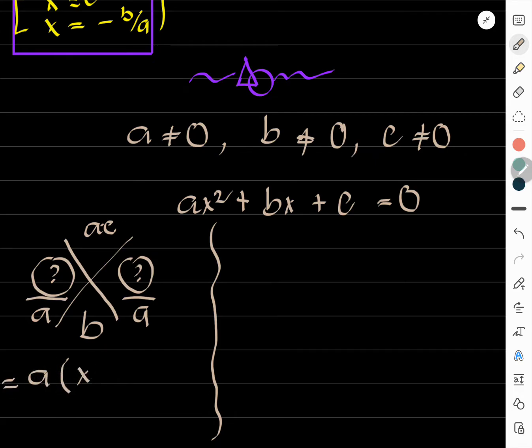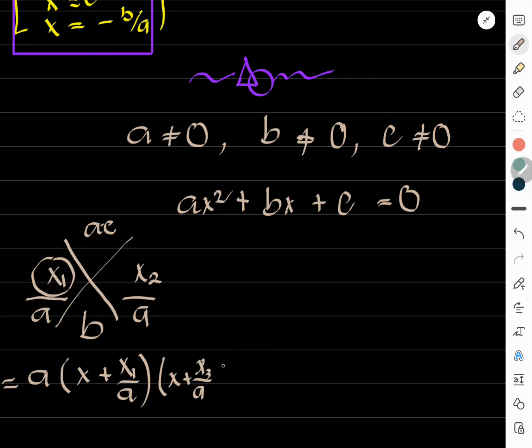Let's call this one x1 and this one x2, over a. That is case number 1, easy.